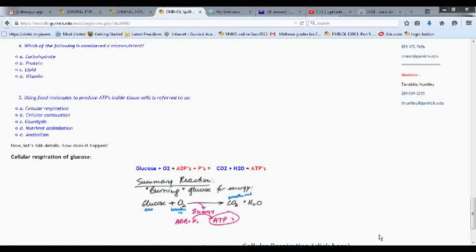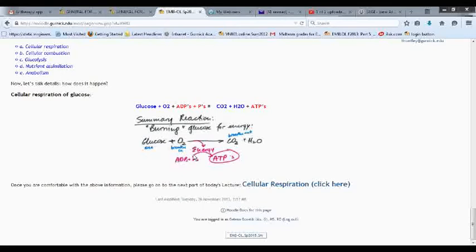And that is true for burning pretty much anything. You could put wood here or cellulose with oxygen, it will still yield CO2 and water. You could put fat and make it react with the oxygen, it will still yield CO2 and water. If it burns completely, it will burn all the way to CO2 and H2O.